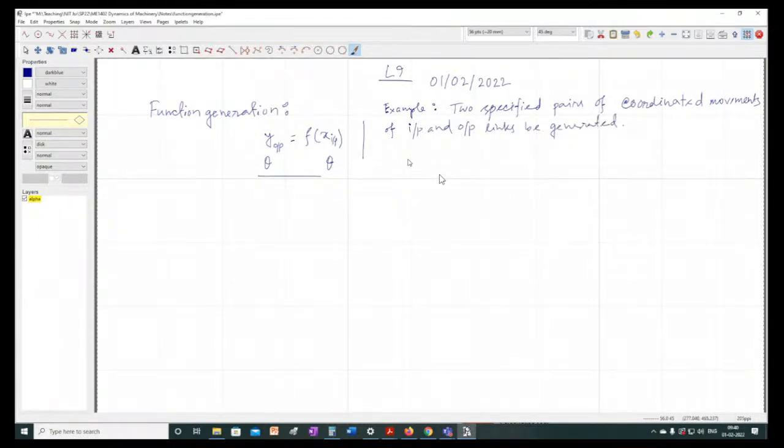That is the problem. Two specified pairs of coordinated movements of input and output links be generated.